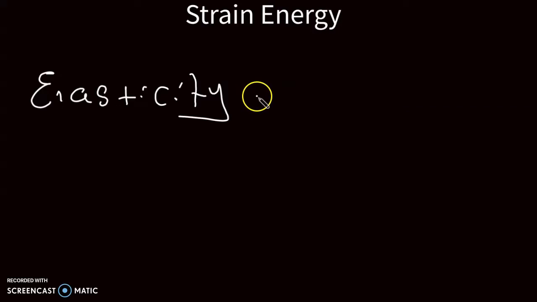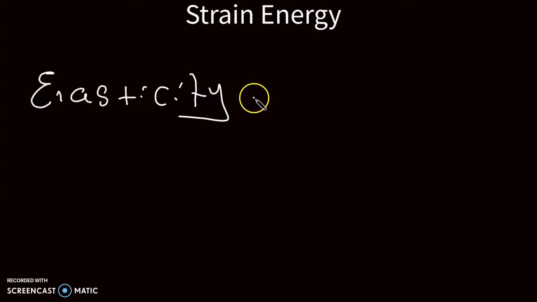When we apply a force to a body, the body will change in length, either decrease or increase in length, depending on the force that is applied on that body. If the body is elastic and we are still within its elastic limit, it will go back to its original size when the force is removed. That is what elasticity means.